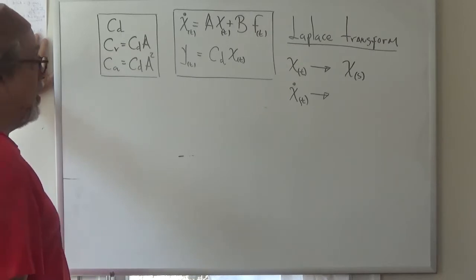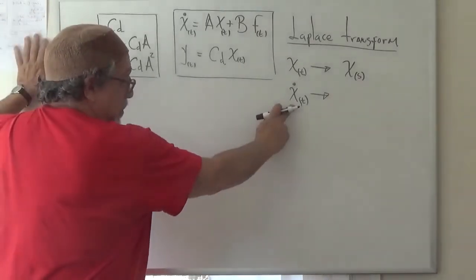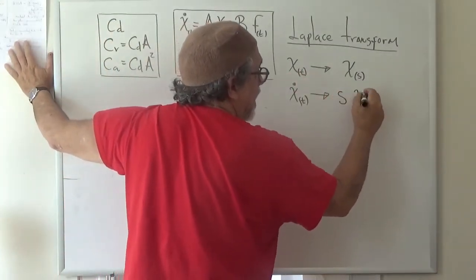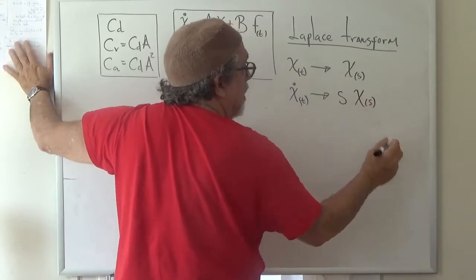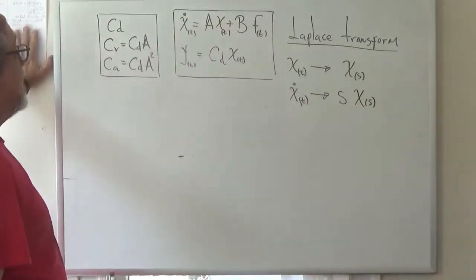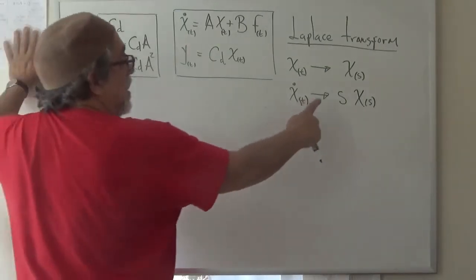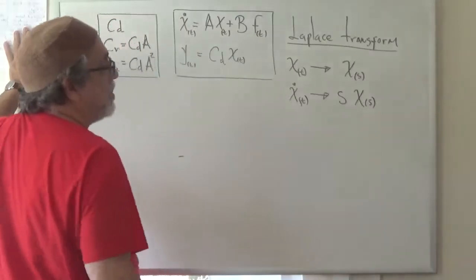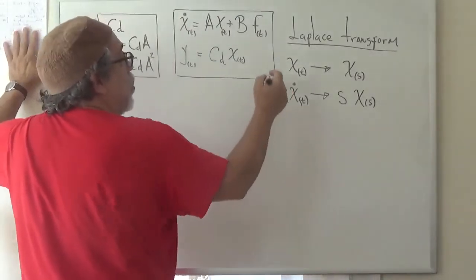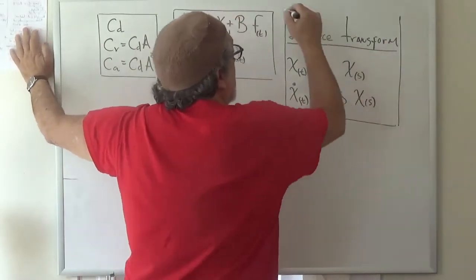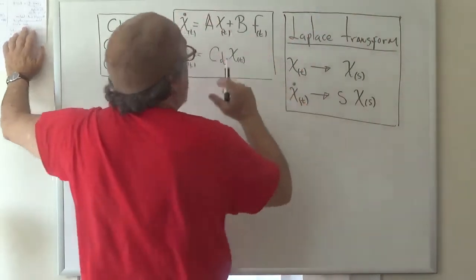So if we take the Laplace transform of the derivative of something, here is what is useful for us: the Laplace transform of the derivative of something is just s times the Laplace transform of the something. So this is all we need in order for me to advance.